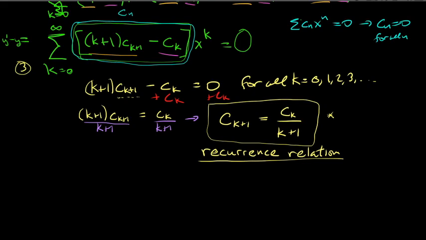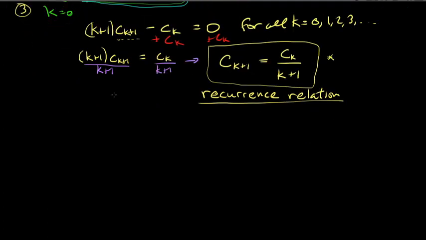Now, what do we do with that? Well, if it's not obvious what the c's should be, let's write out a few of these terms. So let's start with k equals 0. We just get c1, and that's going to be c0 divided by 0 plus 1, which is 1.